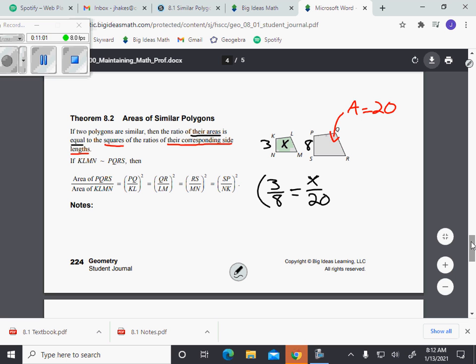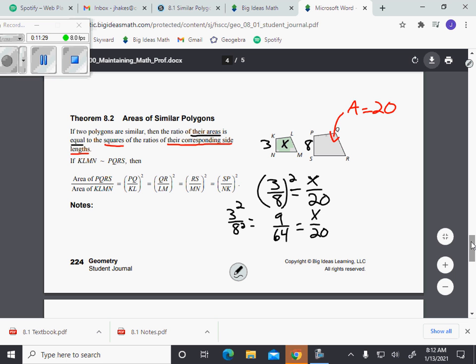So we have to square the corresponding side lengths. Remember how we square ratios, or square fractions? It's really like squaring both top and bottom. So if we square both, we get 9 over 64 is equal to x over 20.